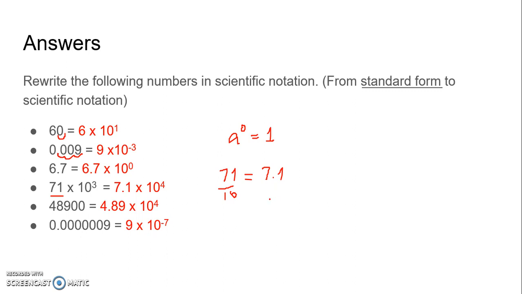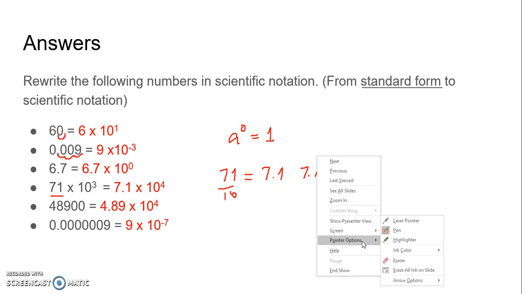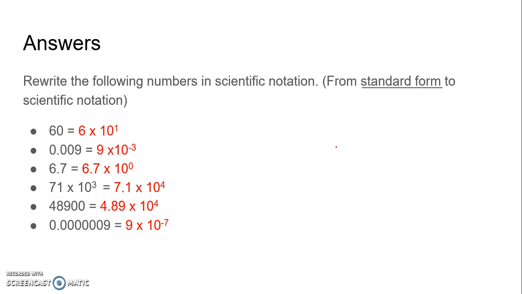So let's say that I have 71 times 10 to the third power. I want my final answer to have 7.1, because 71 is greater than 10, so a number lower than 10 would be 7.1.